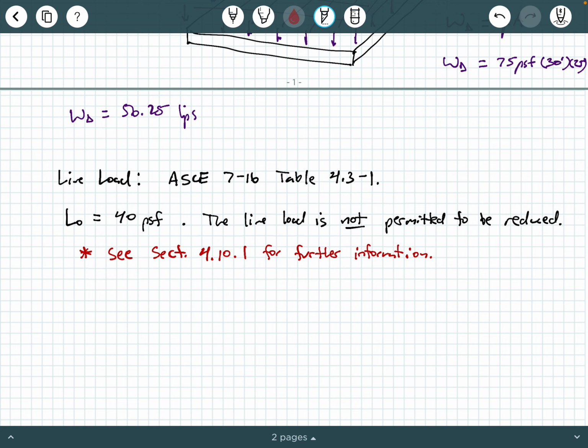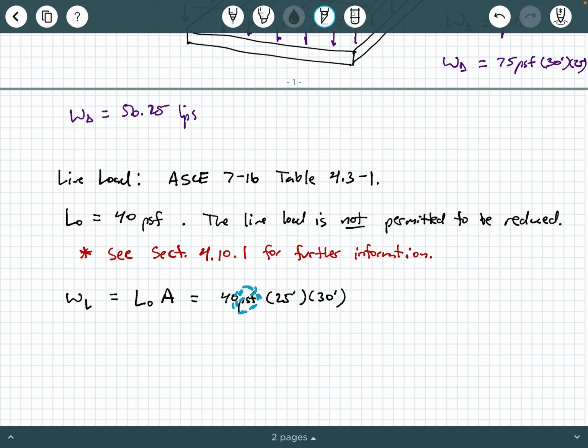So finally, we can calculate a W live load as this 40 PSF times the surface area that is the garage slab, basically. So we'll say 40 PSF times 25 feet times 30 feet. And how do I know? How do I know it's this 40 PSF times this area? Well, again, look at your units.